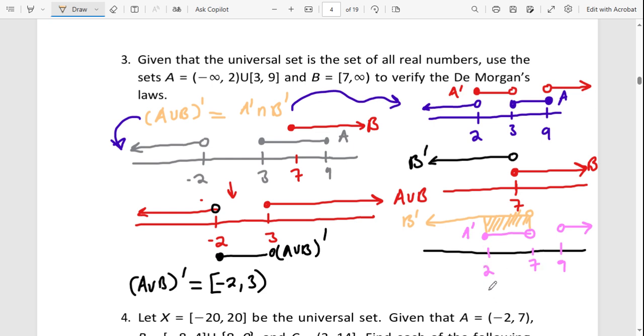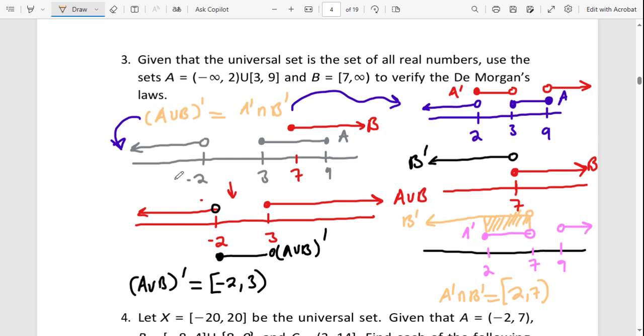Okay. On the previous question, I used some wrong numbers. I'll correct them. So this is supposed to be A complement intersection B complement is 2 comma 7. We are not including 7 because it's open, but 2 is included.